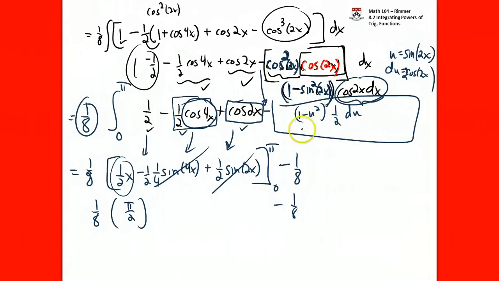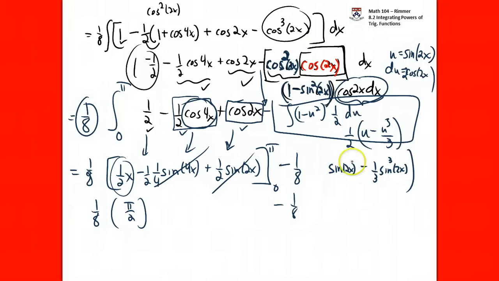Okay, and now you integrate that, and you get half of u minus u cubed over 3. So we get half of sine twice x minus 1/3 of sine twice x cubed.